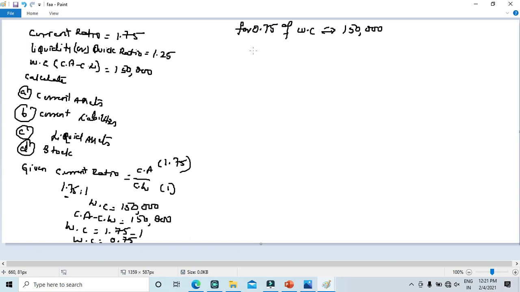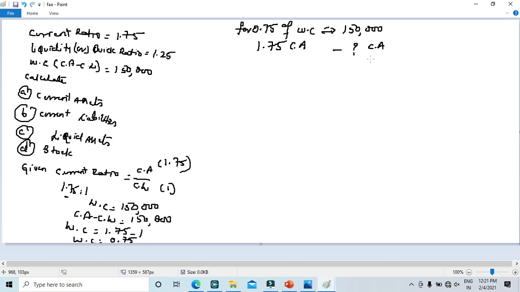So quick assets divided by 2 lakh is equal to 1.25 divided by 1. If you cross multiply this, you are going to get quick assets of 2,50,000. This is how you calculate liquid assets if he asks you. This was for 12 marks long answers, so it's important.